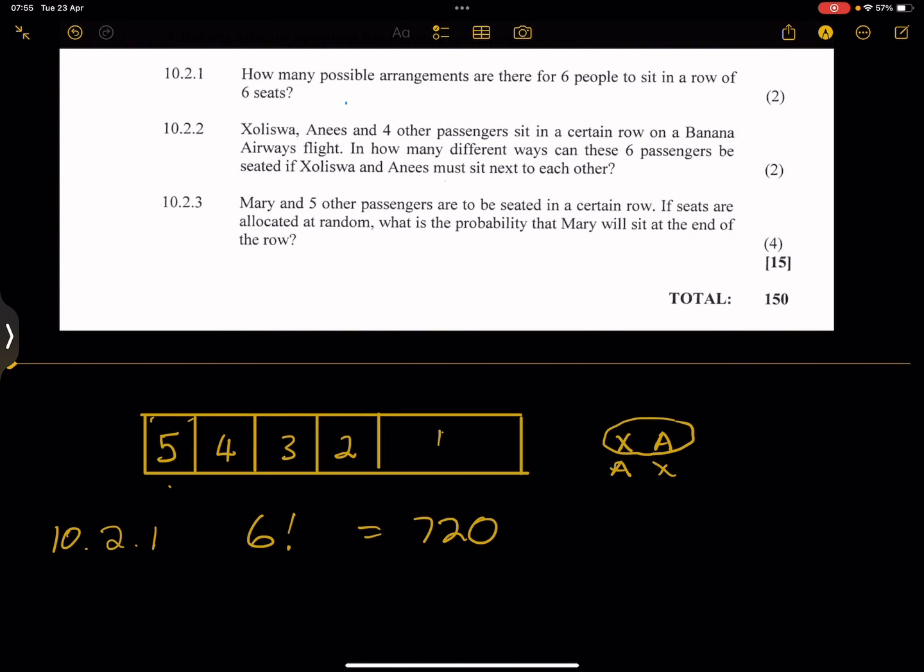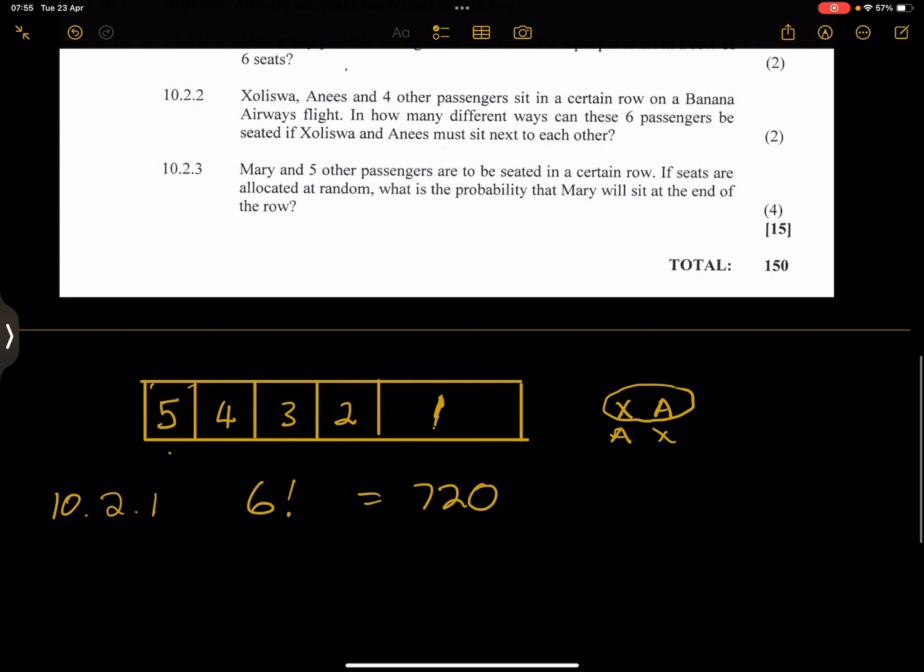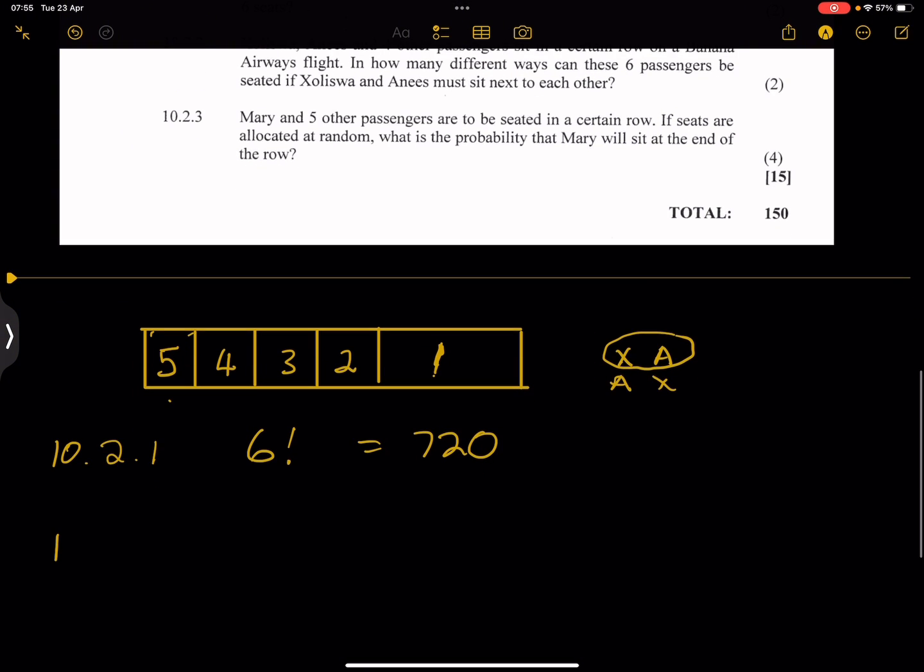So yes, there's one way in this case because they have to sit together, but within themselves, they can actually sit in 2 different ways. So that means that if I now take this, it will be 5 factorial ways, but I would multiply this by 2 because there are 2 different ways of sitting them.